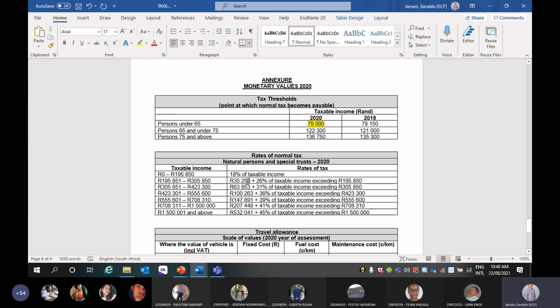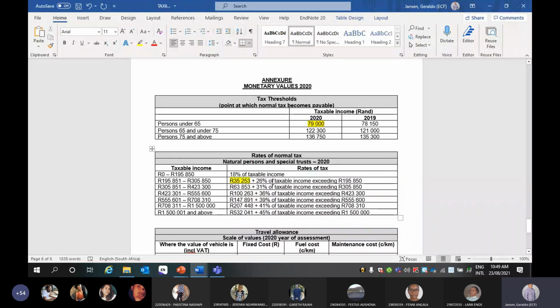That person will pay a flat 35,253 per annum, plus 26% on every rand that exceeds 195,850. And this 195,850 is always where the previous bracket ended. If you go to the third one, you will see it's 31%, and again it's where the previous bracket ended.